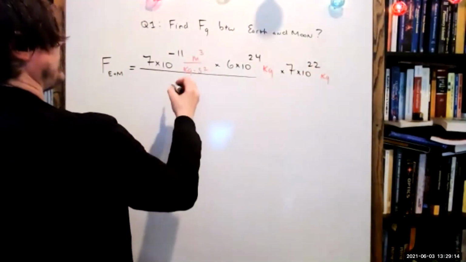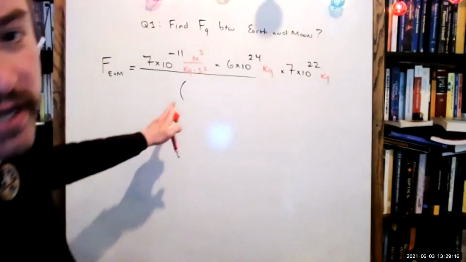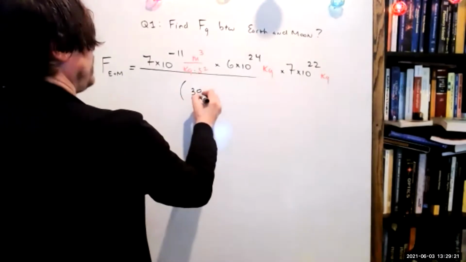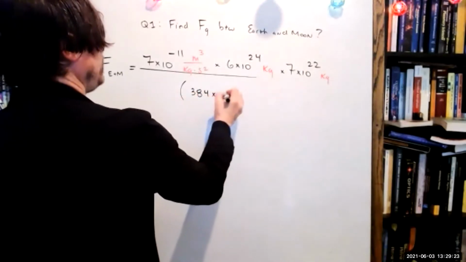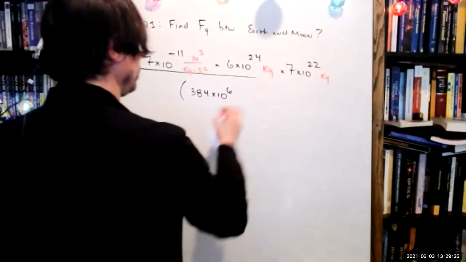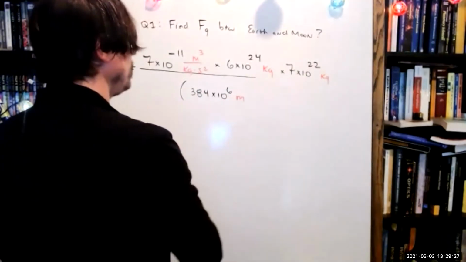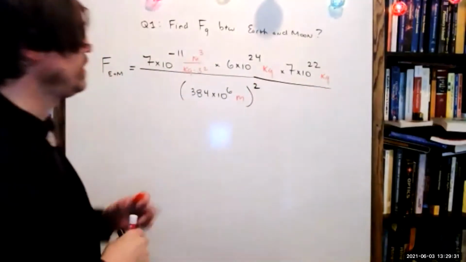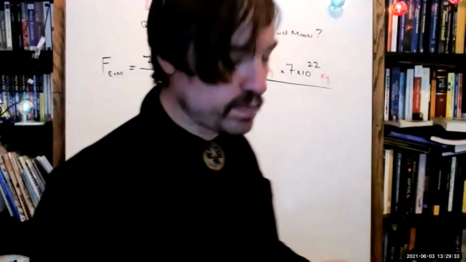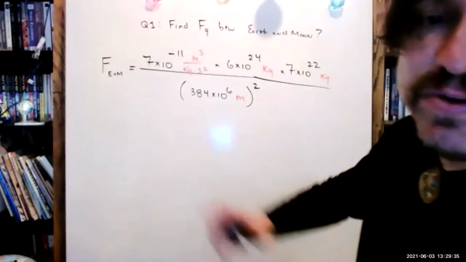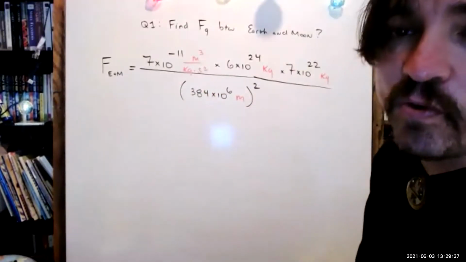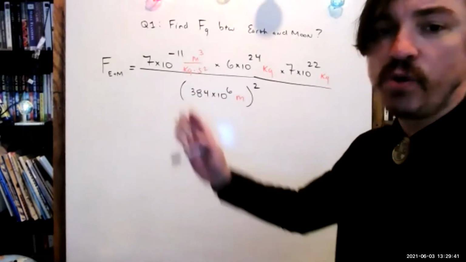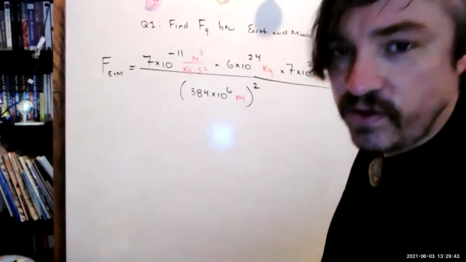And that's all divided by, watch how I write this and do it after me, 384 million meters, close parentheses, squared. A lot of people who see me put those parentheses in there think I'm doing that for the calculator or for order of operations. In fact, when we plug this into our calculator, we will not need to use parentheses at all.